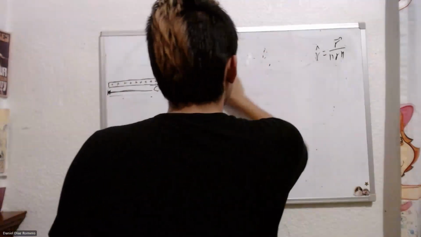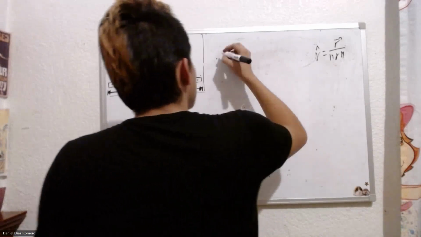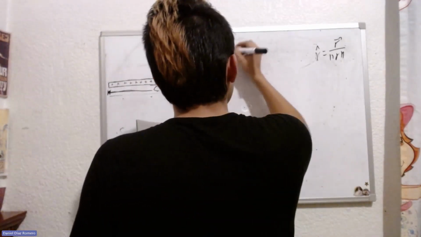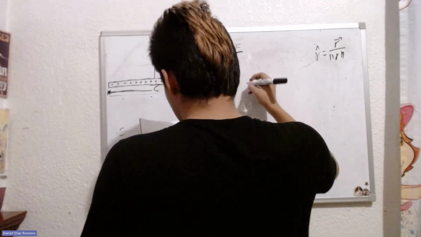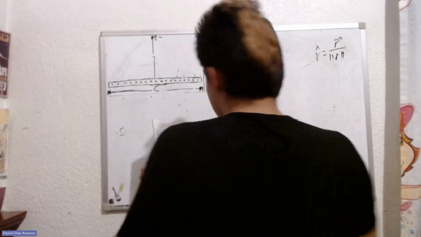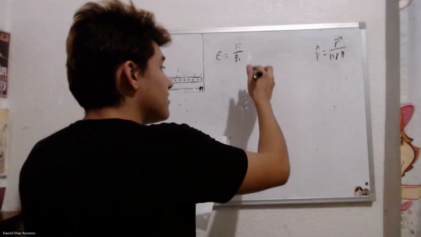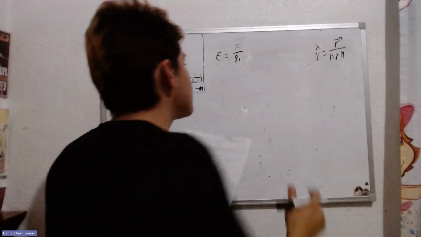A field can be described as a force exerted at a distance over a punctual charge. So, in order to calculate the field, which is what we want to do, E is equal to the force over the point charge. But here is where Coulomb's law takes action.